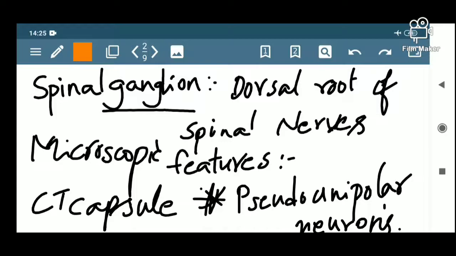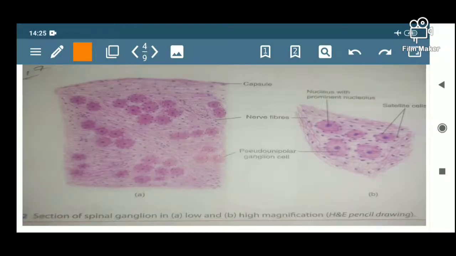So let's go into the histological features of spinal ganglion. You can see here, this is the section of spinal ganglion in microscope with H&E pencil drawing. What are the microscopic features of spinal ganglion?